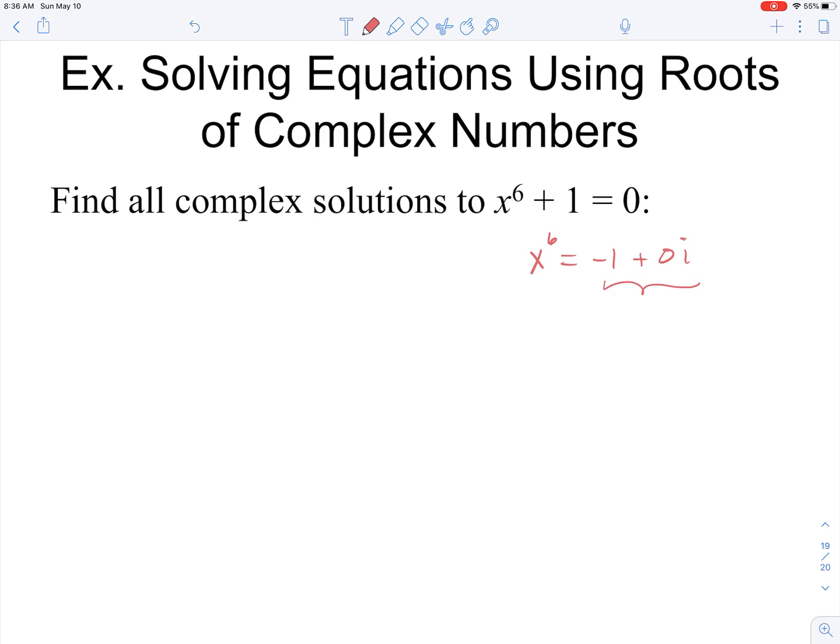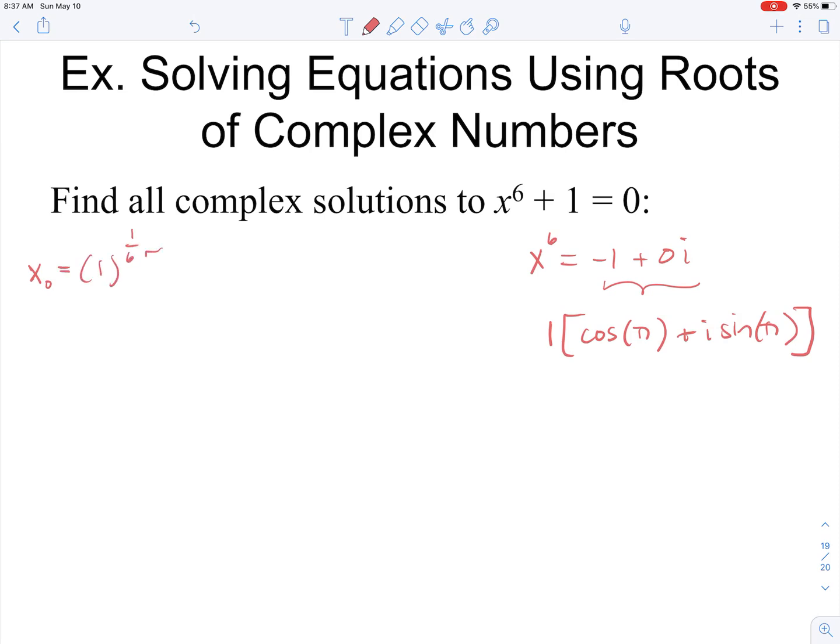If we were to plot that in the complex plane, it would help us with coming up with -1 plus 0i in polar form. There's going to be a modulus of 1, and then the angle would be pi because -1 would be along the negative real axis, plus i times sine pi.